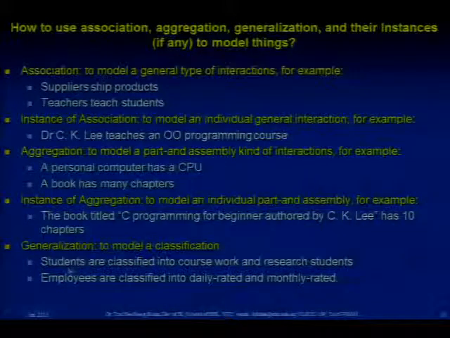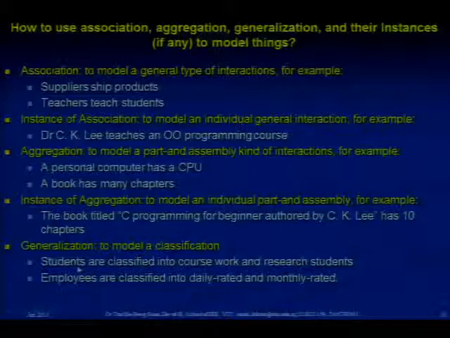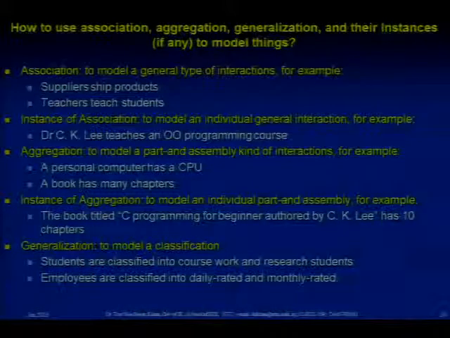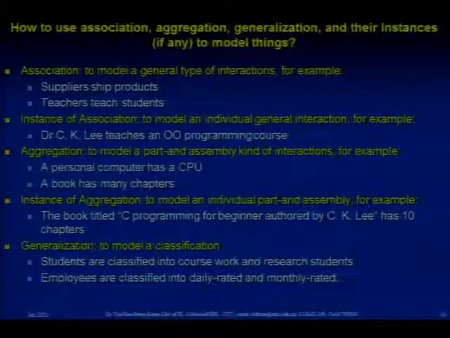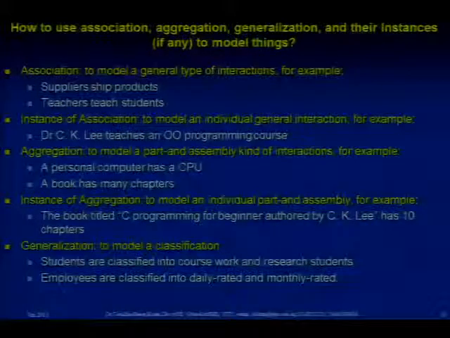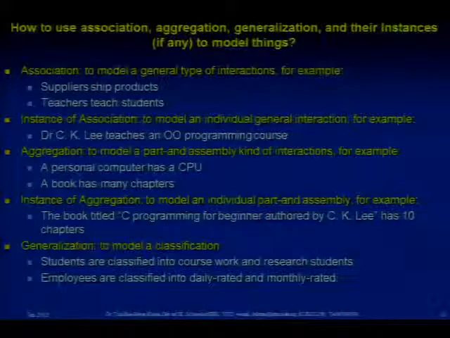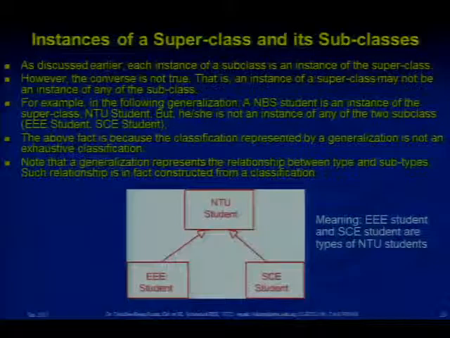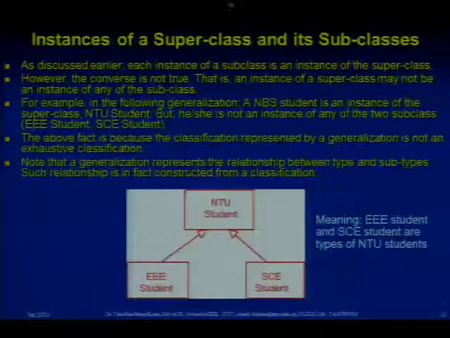And generalization is totally different from aggregation and association. Generalization does not show interaction between different objects. Generalization is to define classification. In a generalization, we do not refer to different objects.